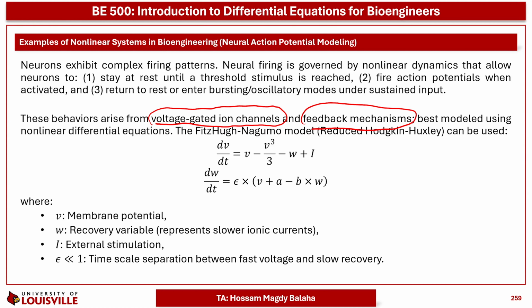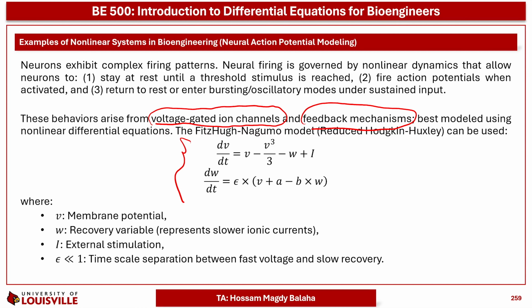And we can model these using the Huxley model, using these two equations, where V here is the membrane potential, W is a recovery variable, I is external stimulation, and epsilon here, which is below 1, is the time scale separation between fast voltage and slow recovery, and the others are factors.